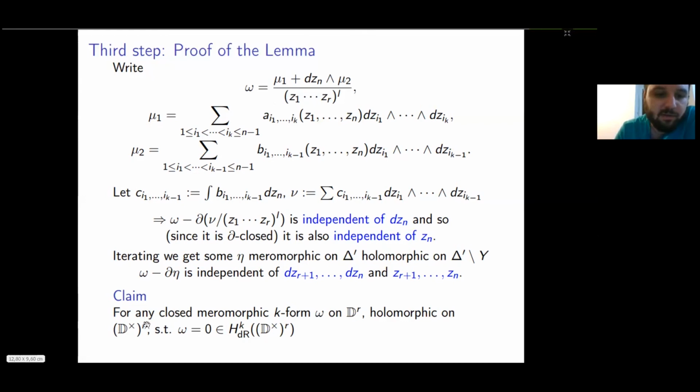This means that it's holomorphic in (D minus the origin) to the power r.